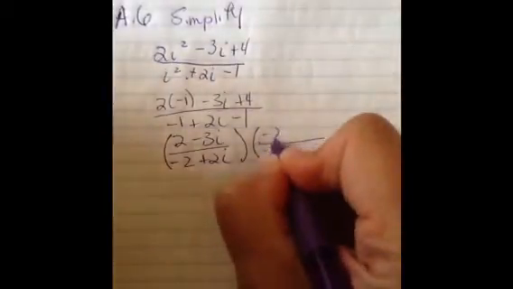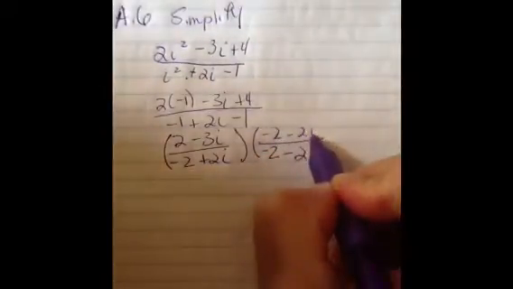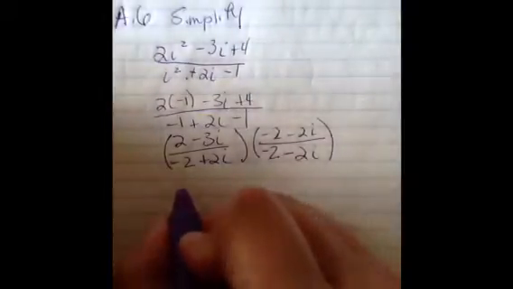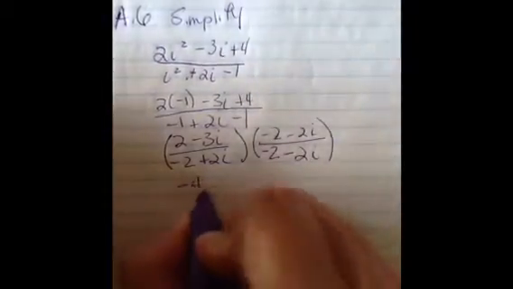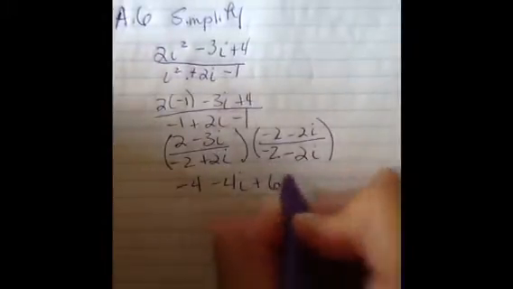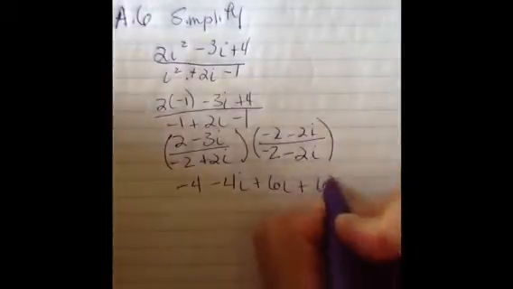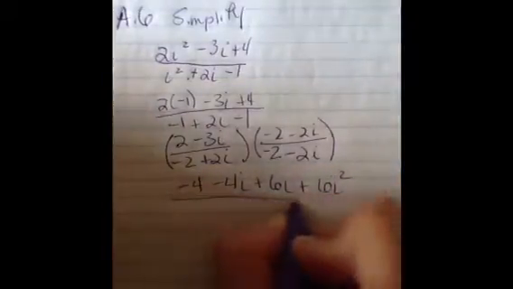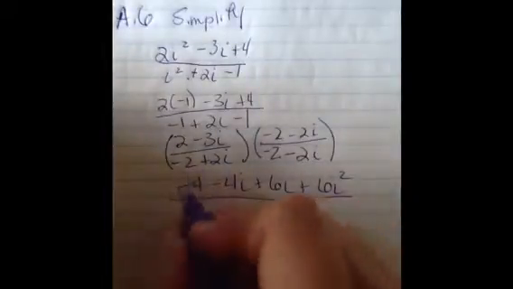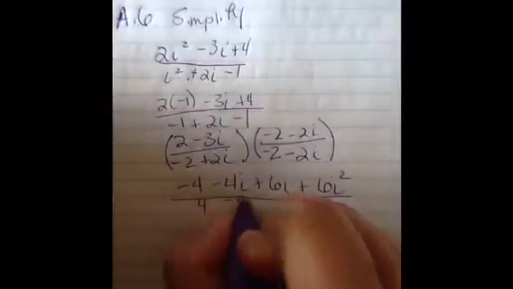And now we're going to FOIL this, and when we FOIL it, the bottom should have no i's in it. So on the top I get first, which is negative 4, outer, inner, last, all over. Now the inner and the outer go away, so we're only going to multiply the first, which is 4, and the last, which is minus 4i squared.